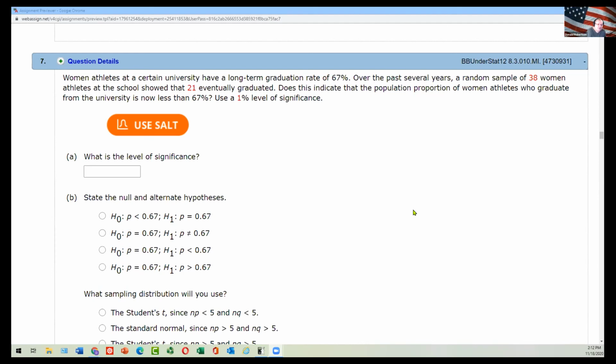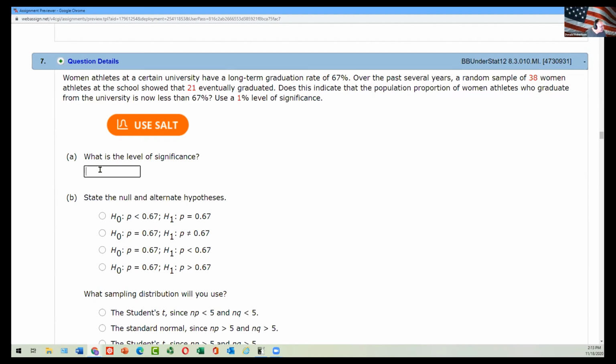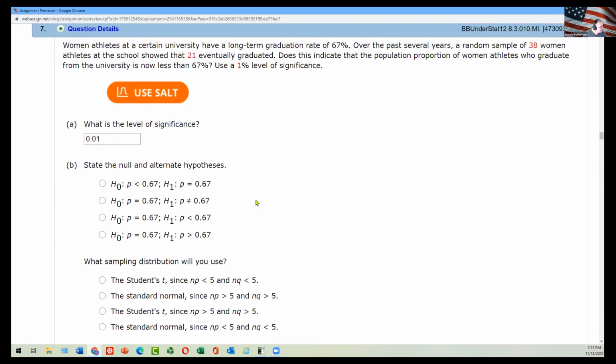That's 55%. Now, if 67 was bad, isn't 55 even worse? And we want to see, does this indicate that the population who graduate is now less than 67? And the significance level is 1%. That's a pretty high hurdle to get over.